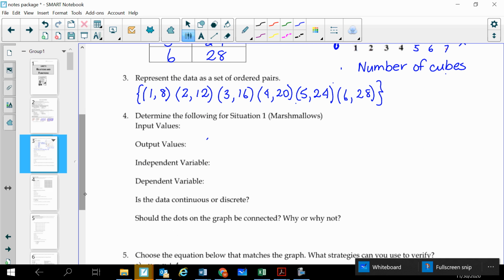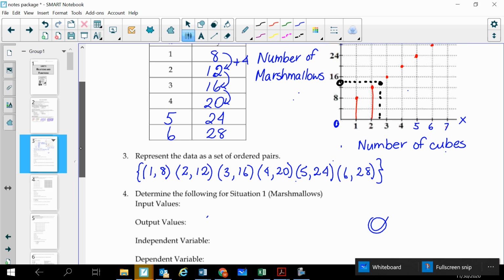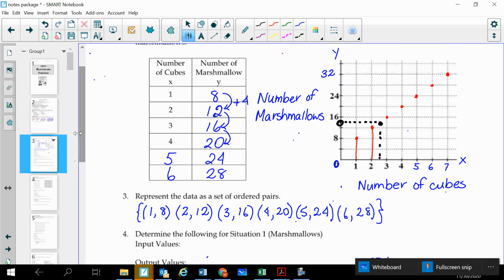We're going to determine the following for situation 1. Our input values. My screen just froze. My input values are always the first value in my ordered pair.